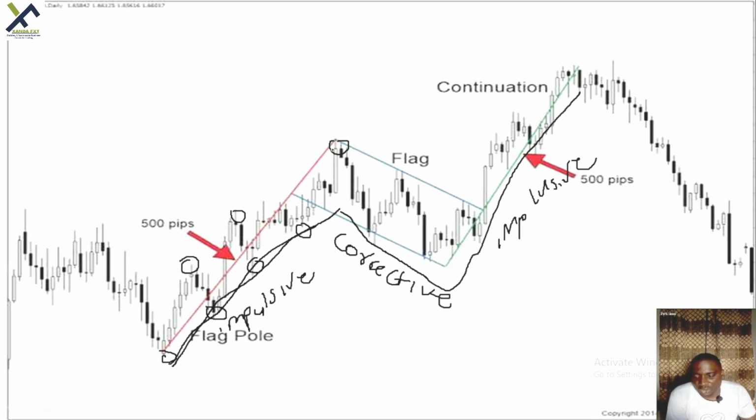Instead of continuing with higher highs, it started a lower high, a lower high, then a lower low, a lower low. Instead of the higher high and higher low, there is a sharp change to a lower high and lower low. Once it reconnects from this lower high to higher high, higher high, higher high, a flag is formed.